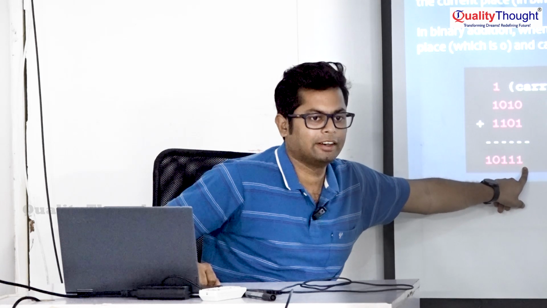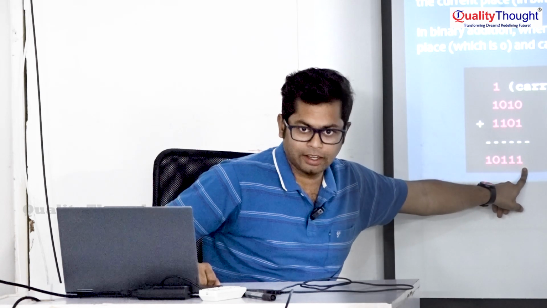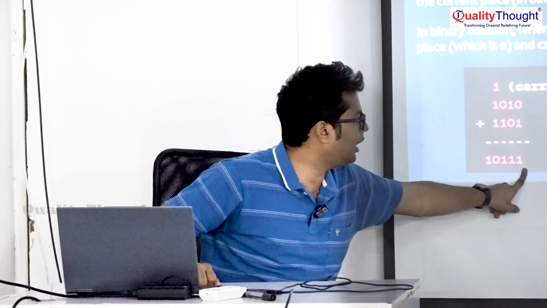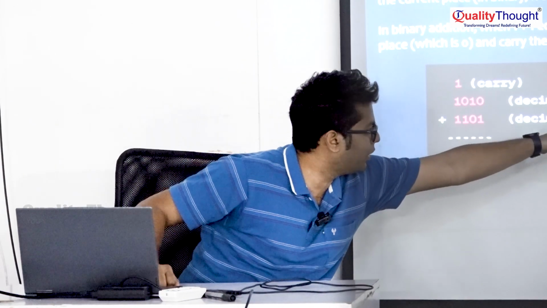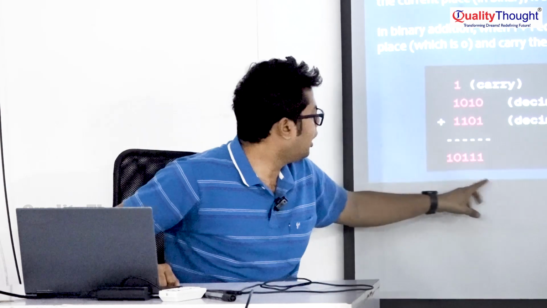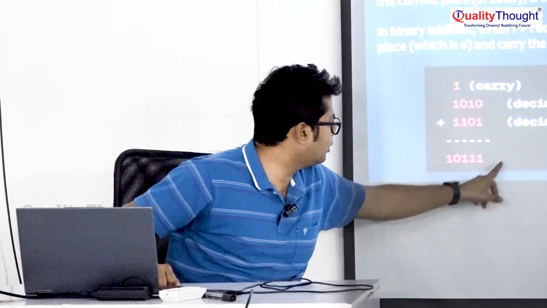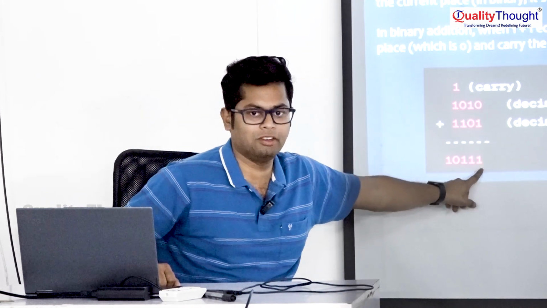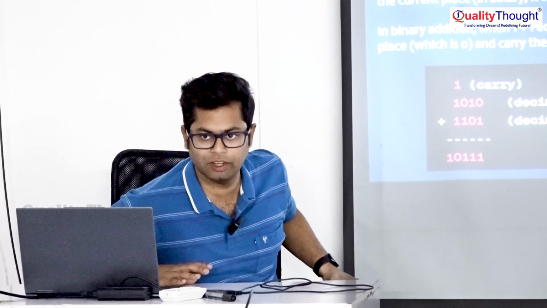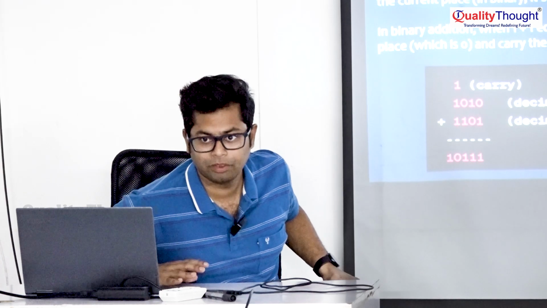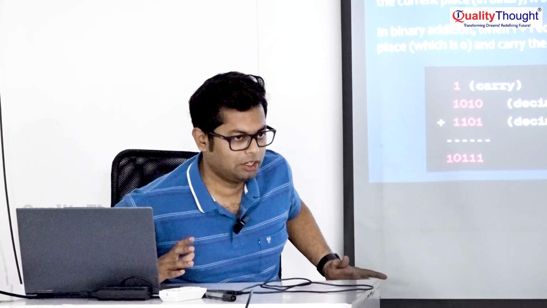Are you guys following what I'm saying? This is 23, and the representation of that looks like this, 10111, as a representation of 23 in binary. Is it clear to everyone?